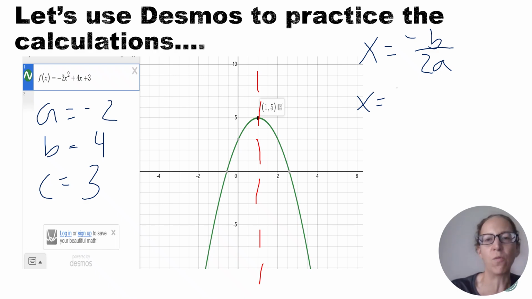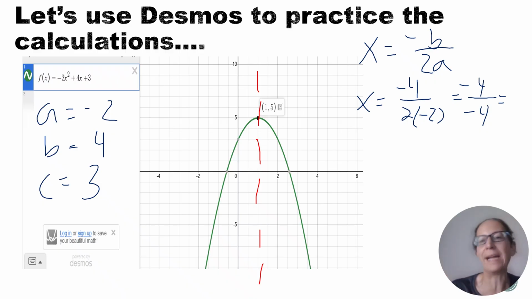So the opposite of 4 is -4 over 2 times a, which is -2. 2 times -2 is -4, and anything divided by itself is 1. And I want you to notice that that 1 is that one right there. It shows you where the axis of symmetry is. It's on the vertical line x is equal to 1.